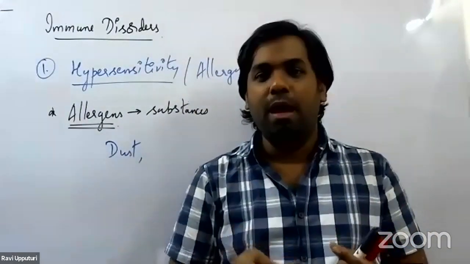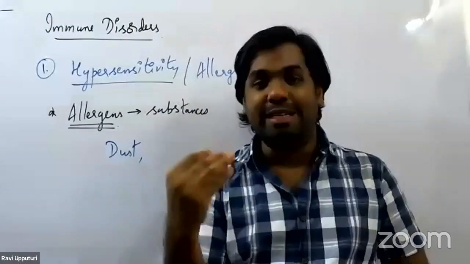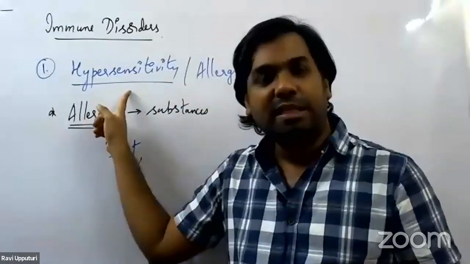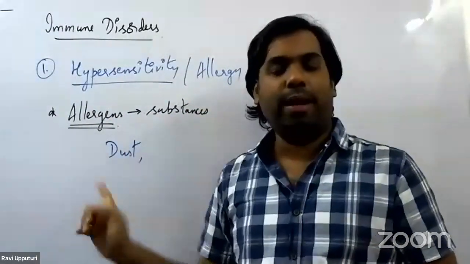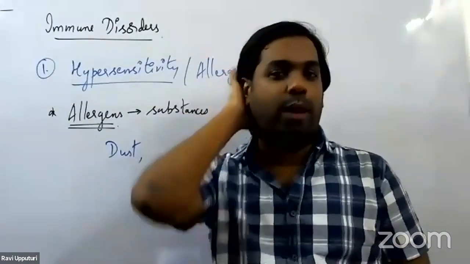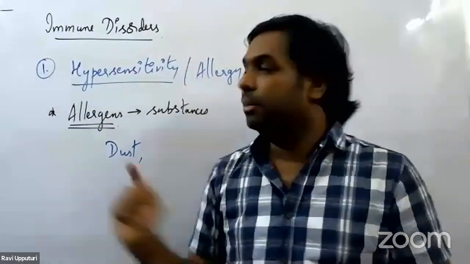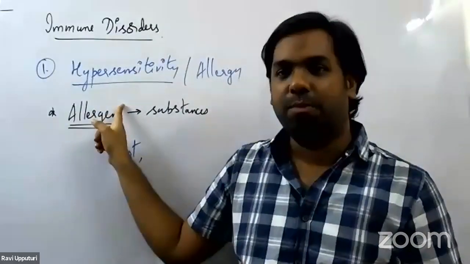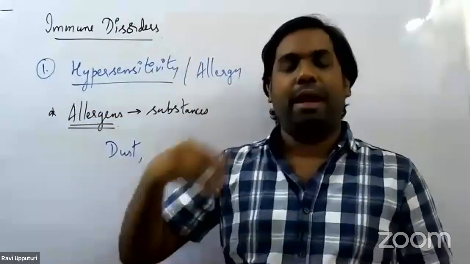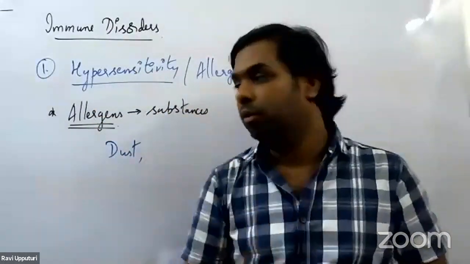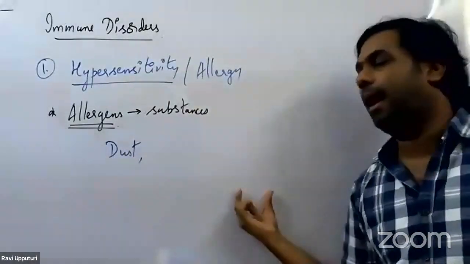So what do we mean? The person who starts sneezing is hypersensitive to the dust, whereas the other one is not hypersensitive to the dust. That's what we mean by hypersensitivity. Allergy is again the same thing, an exaggerated or inappropriate immune response against these particular antigens.